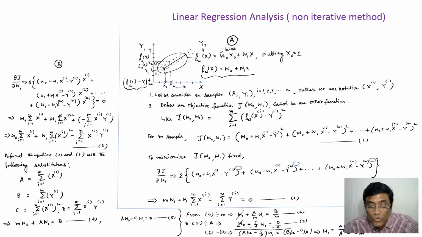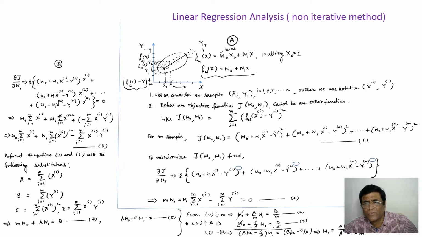And now what I am trying to do, you see, for each sample, I will try to write the function. For each sample x1, y1, my predicted value is w0 plus w1 x1 minus the ground truth y1, squared, plus, because summation is there, for sample number 2, the same thing, right? w0 plus w1 x2 minus y2, squared, all kind of things.